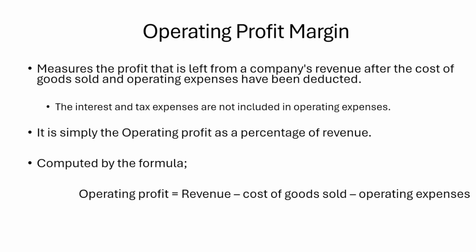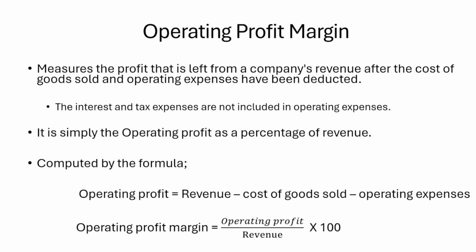For the formula, you have to calculate the operating profit first, which is revenue minus cost of goods sold minus operating expenses. Then the operating profit margin is the operating profit divided by the revenue. Then you simply multiply by 100 to get a margin or a percentage.